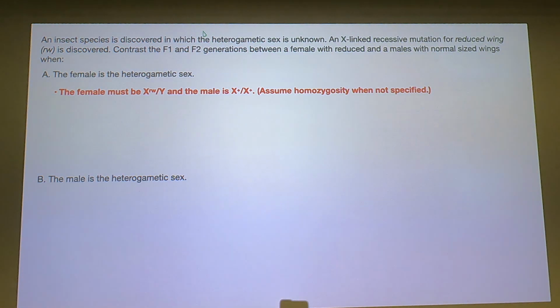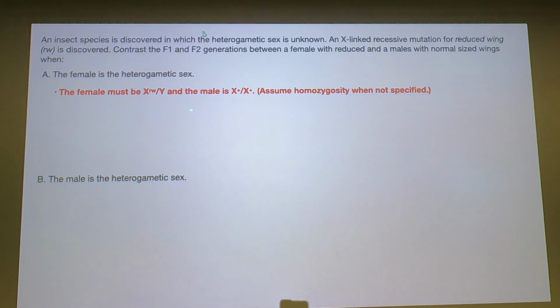Again, this is the homogametic sex. Another important note here is, if you see a problem like this, just assume they're homozygous, unless they tell you otherwise, or give you a prior genotype from the parents so you can figure it out.